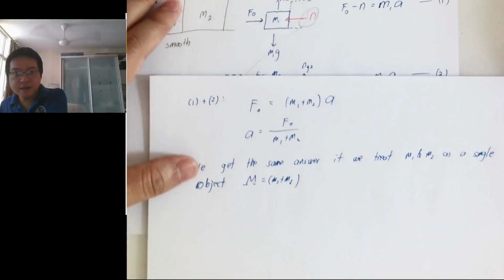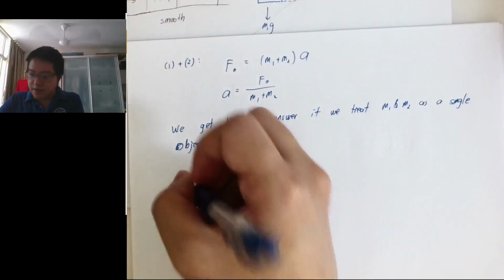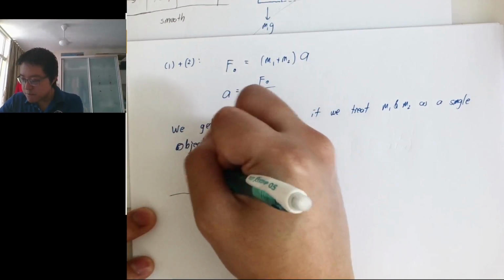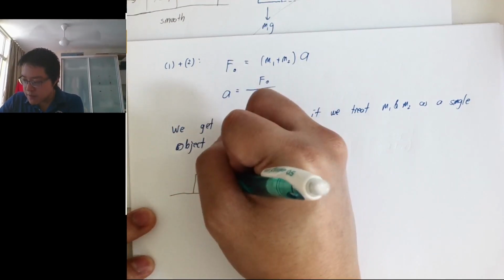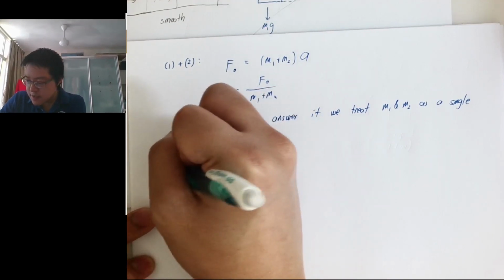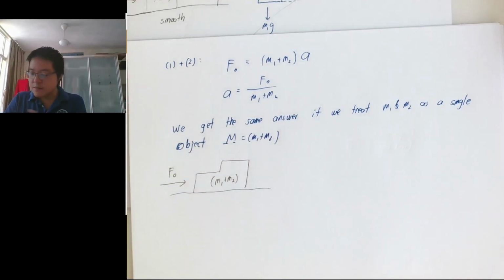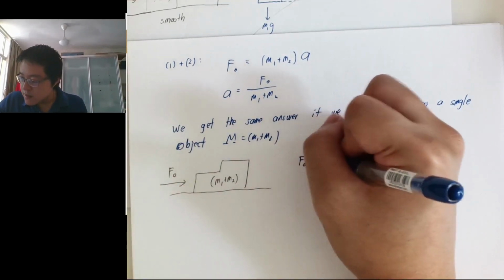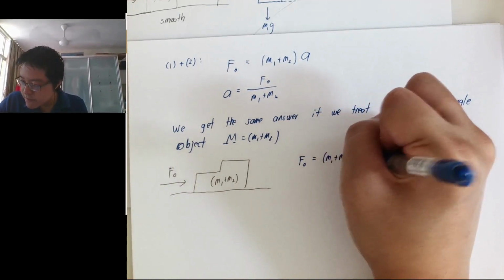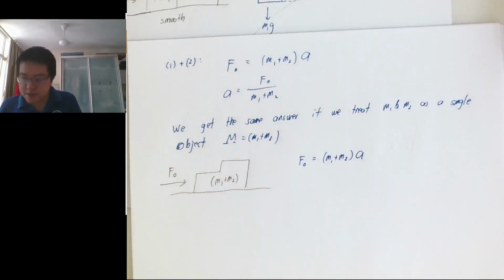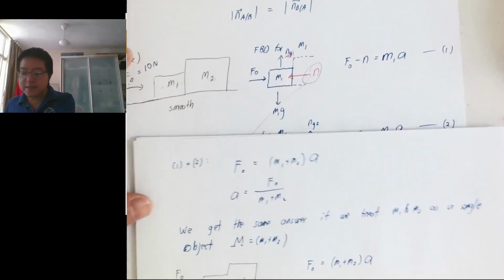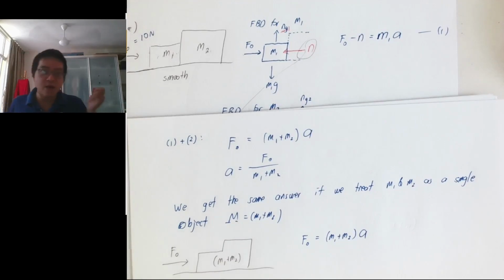So instead of looking at them separately, the picture is just one big piece. I'm exerting a force F0, and based on Newton's law, the net force F0 over M1 plus M2 gives you the acceleration. So you still get the correct answer. That's why it's a consistent picture.